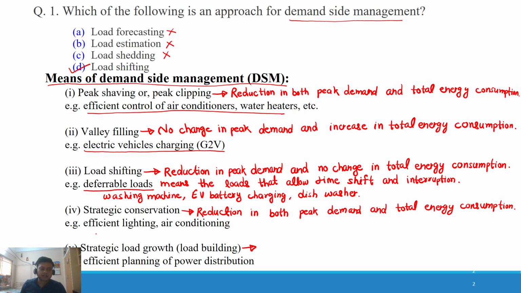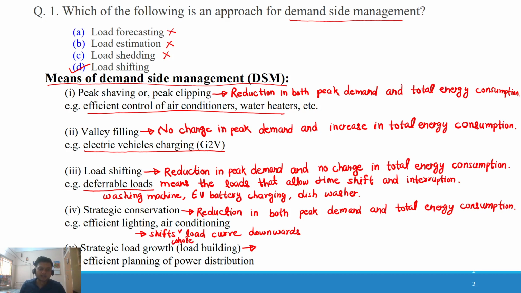So here you can also write one point that it shifts the load curve downwards, the whole load curve, not just at a certain duration of hours.